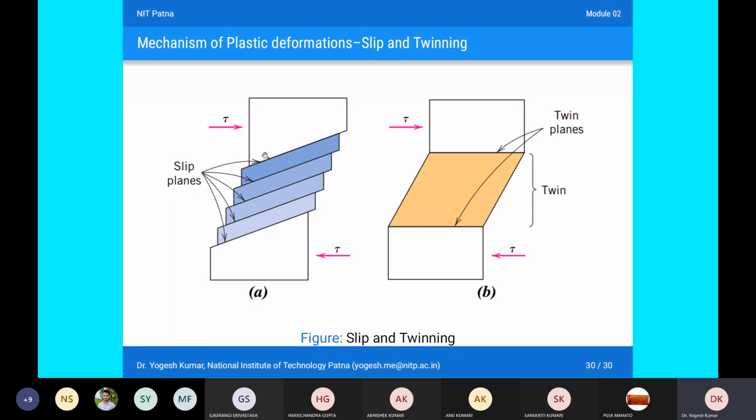But in the case of slip planes, it is analogous to a card deck, so in slip the crystal structure or the material moves something like this. This is the figure through which you can compare the plastic deformation due to slip and twinning.